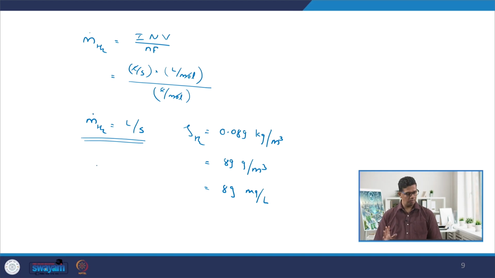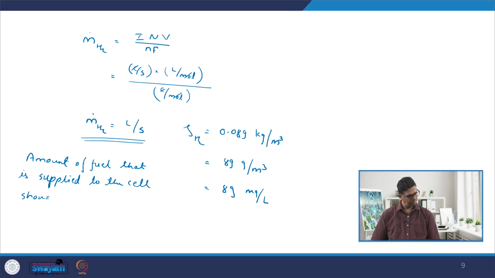What we need to ensure is, this is the theoretical value. The amount of fuel that is supplied to the cell should always be greater than the theoretical value.